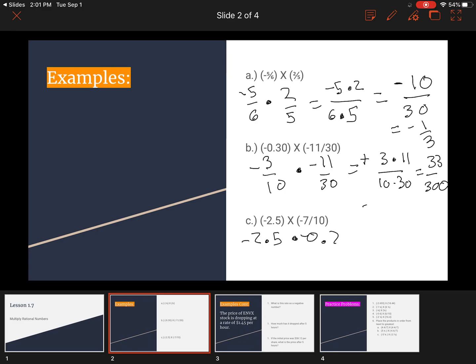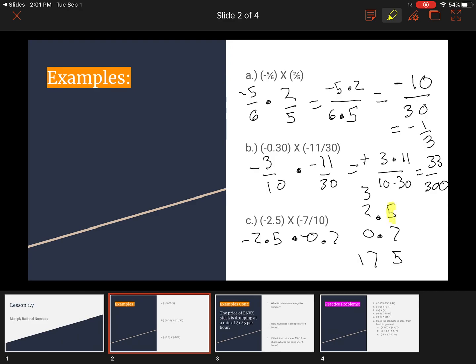All right, now let's work through this. When we have two decimals right here, we're going to line them up one under the other. Now, 7 times 5 is 35, so I'll put a 5 here and I'll carry my 3. Now 7 times 2 is 14, plus 3 is 17, so I would have 175. Now when you're multiplying decimals together, it's important to keep track of how many decimal places we have.